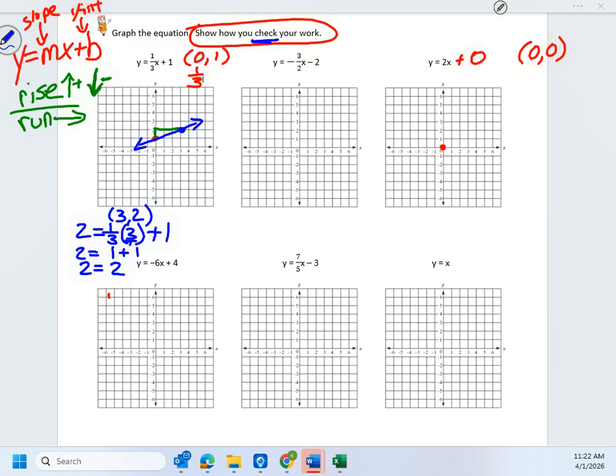Sometimes I have friends that accidentally, when they graph, they think, oh, all right, I'm right here, so I go over 1 and up 3, and they would give me that point. If I put that ordered pair in, which is 1, 4, it's not going to equal itself.